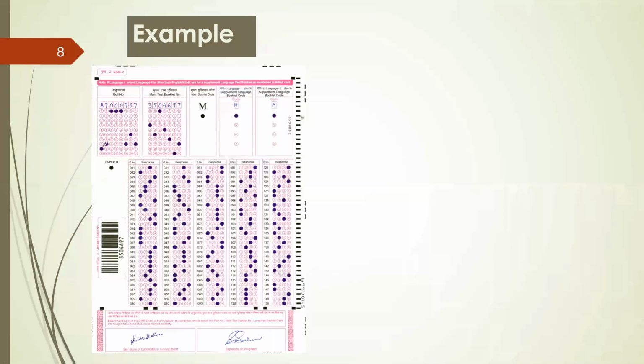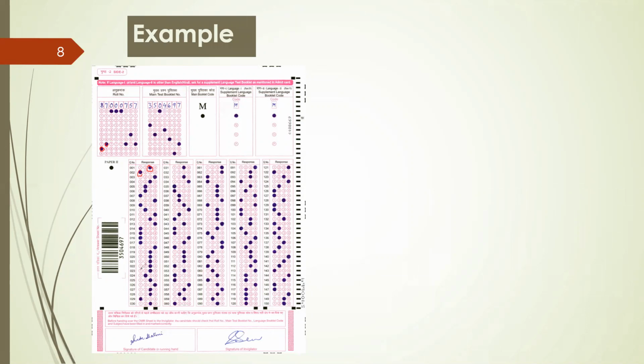So 8 here, you will fill 8, 7 here, 7, like this. Like this way you will fill up the whole sheet. From the question you will check. If question number 1's answer is C, then you will fill C, the whole circle. If 2 is A, like that you will fill up.